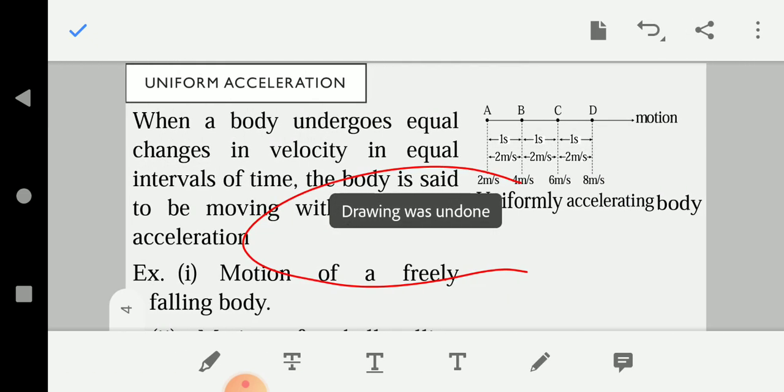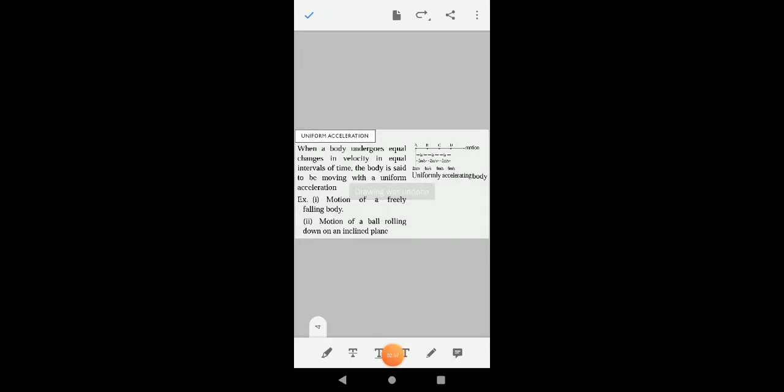Next is uniform acceleration. It is something like uniform velocity itself.